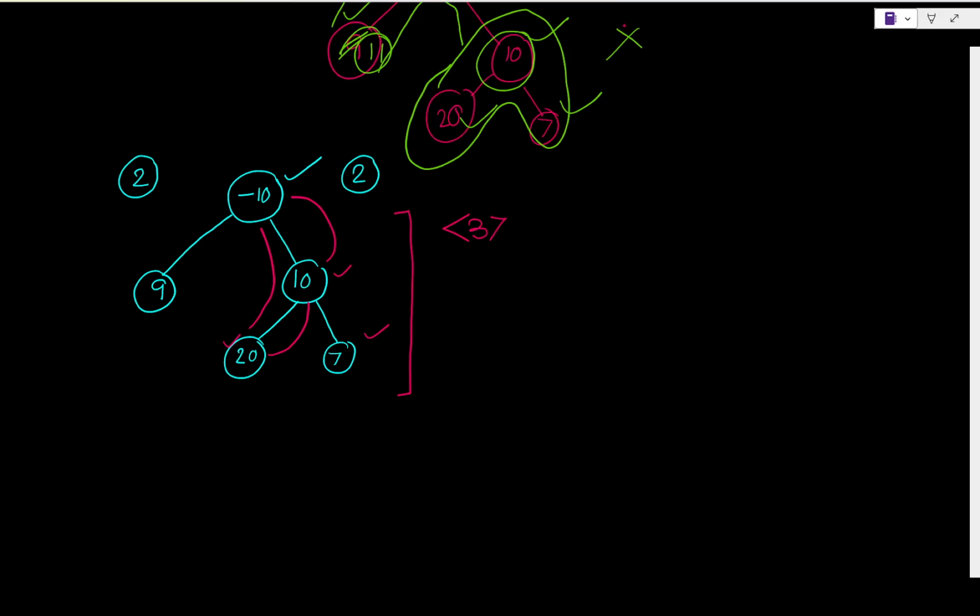So the possible paths from the right branch such that minus 10 is included are either only 10, or 10 plus 7, or 10 plus 20. Of course, which is the most optimal one? 10 plus 20.